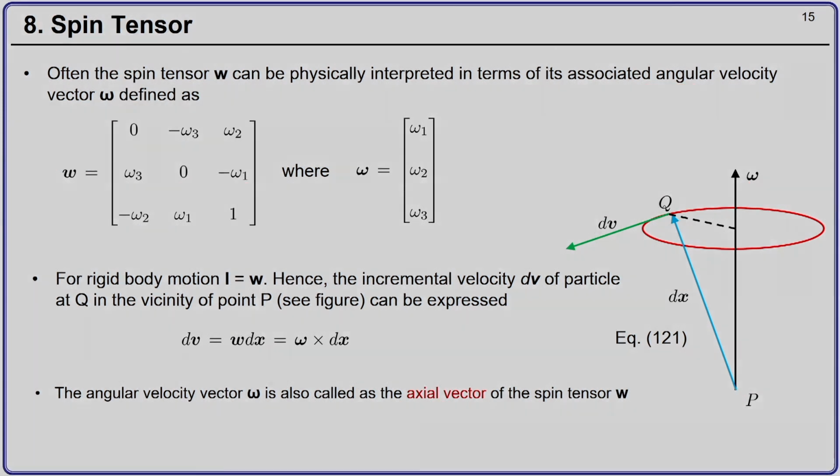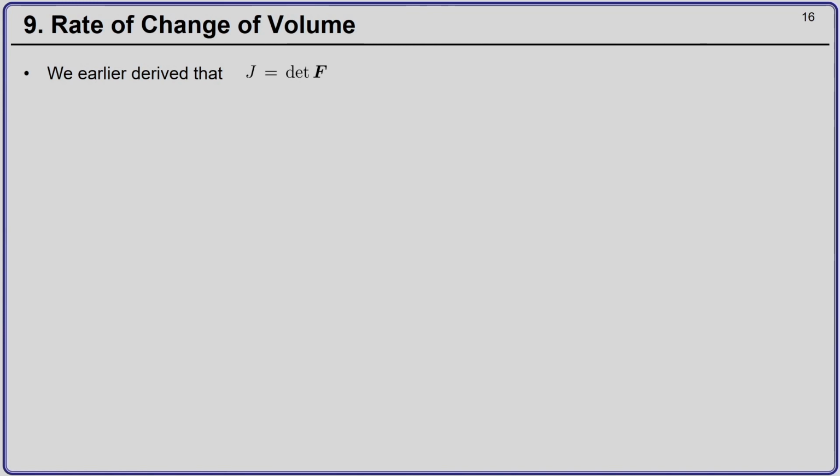Now, next we come to computing the rate of change of volume and areas. First, we look into the rate of change of volume. We had earlier derived that Jacobian is equal to the determinant of F, that is, the determinant of the deformation gradient tensor.